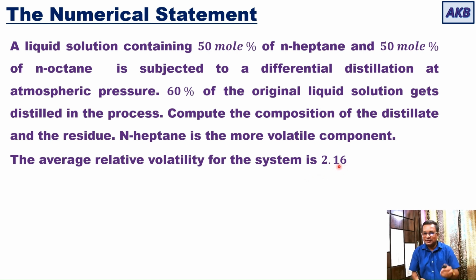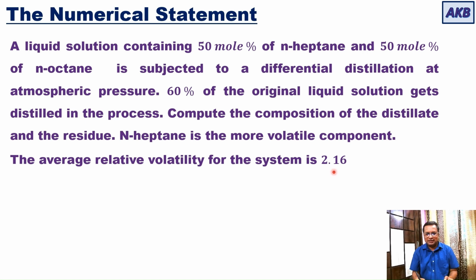So, I am discussing the same numerical which I had discussed in my previous video, where I told you how to calculate XW graphically. And in that numerical, the equilibrium data, VLE data, vapor liquid equilibrium data was provided. Now in this particular numerical, instead of the VLE data, we have the average relative volatility. The average relative volatility for the system is given to us.